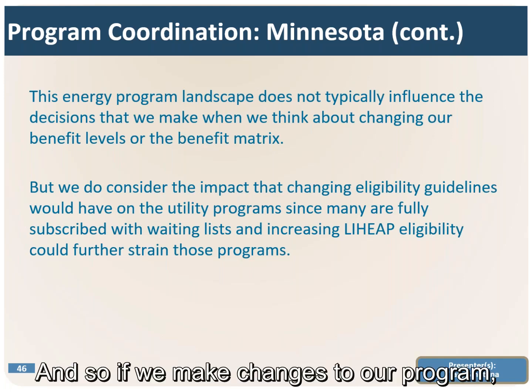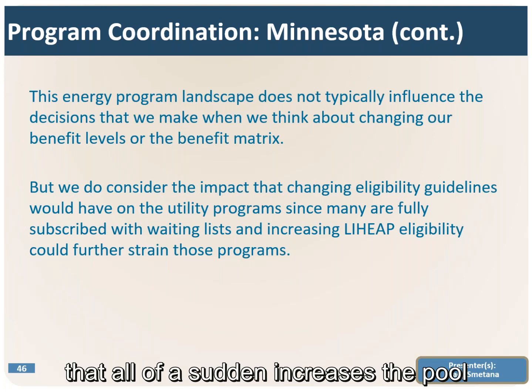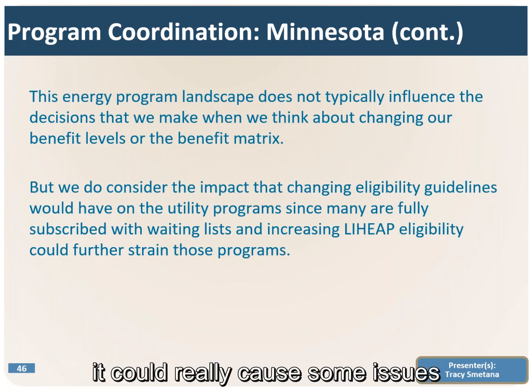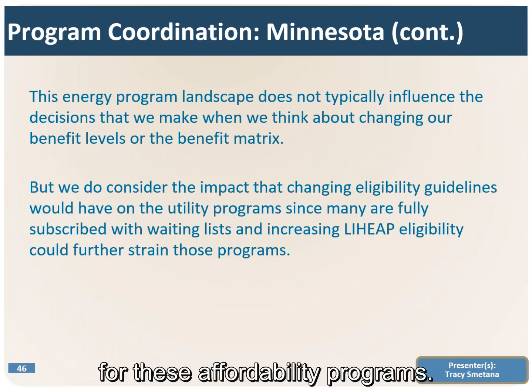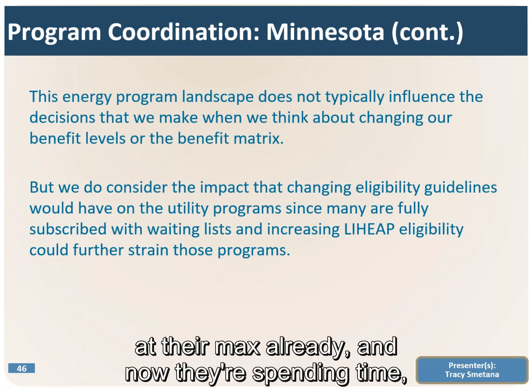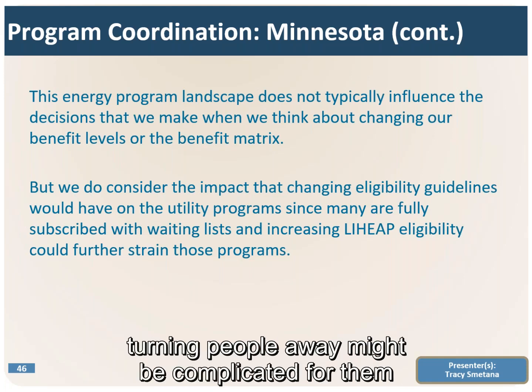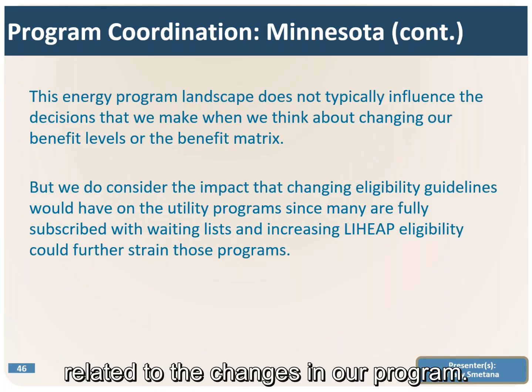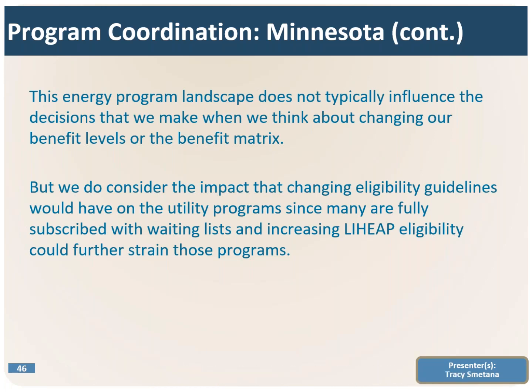If we make changes to our program that all of a sudden increase the pool of LIHEAP recipients, it could really cause some issues for these affordability programs. For example, some might be at their max already, and now they're spending time turning people away. It might be complicated for them to be answering a lot of questions related to the changes in our program.